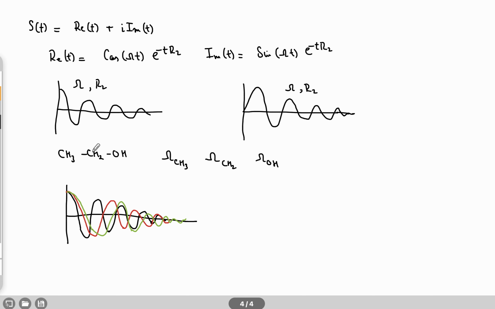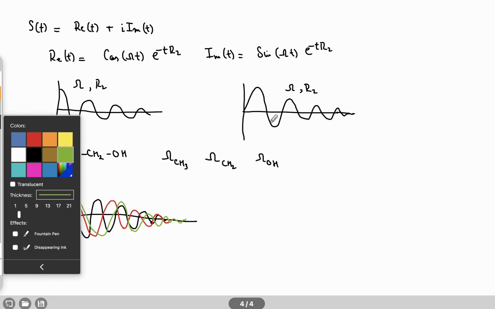All of these are simultaneously detected, right? Now similar thing will happen in the imaginary signal also, but I'm not drawing that.